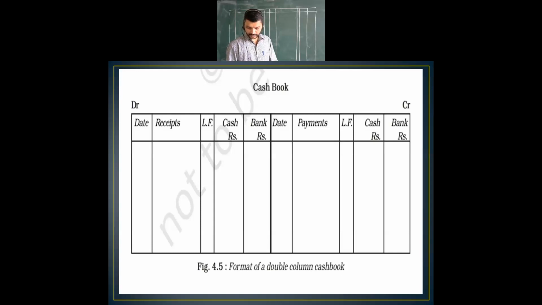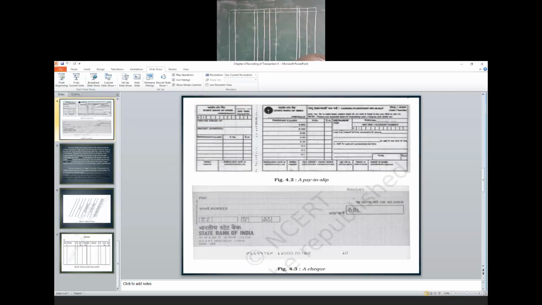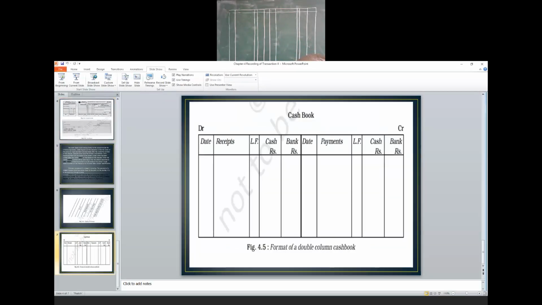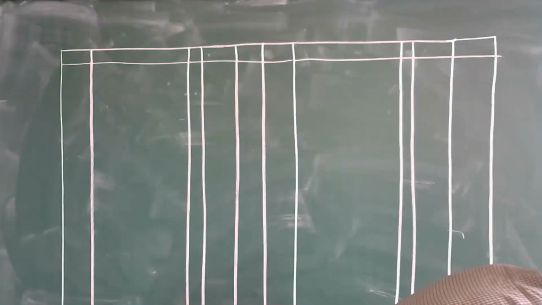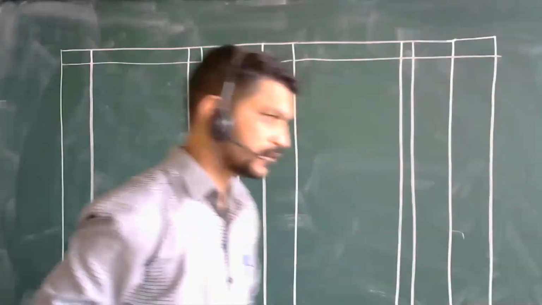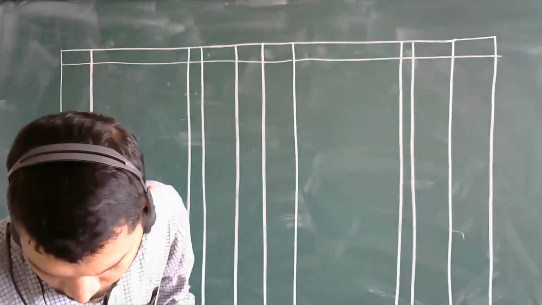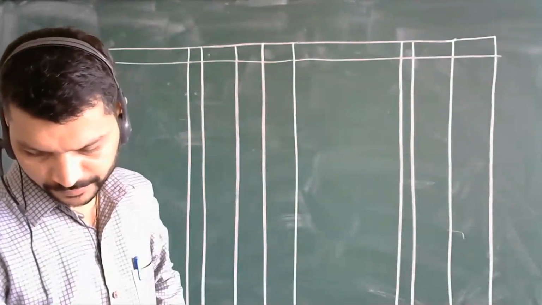Next, September 13. Purchased machinery by check 5,500.